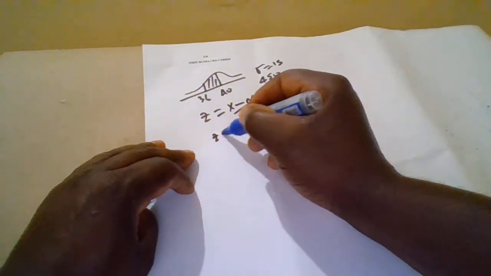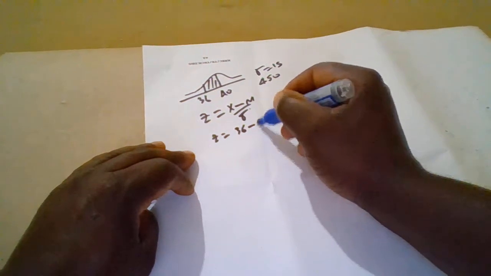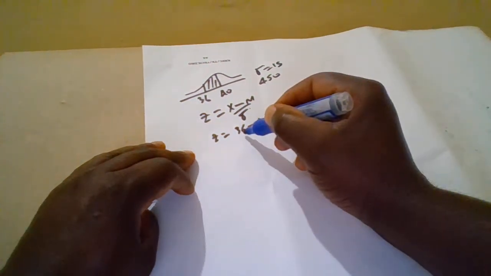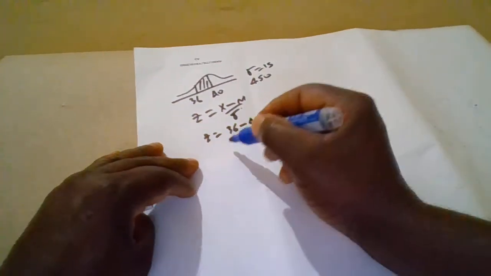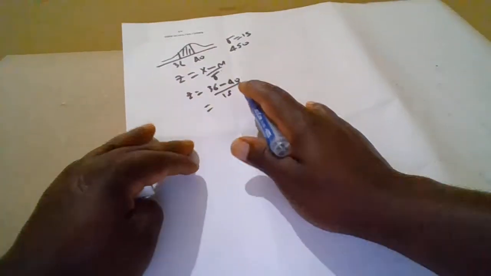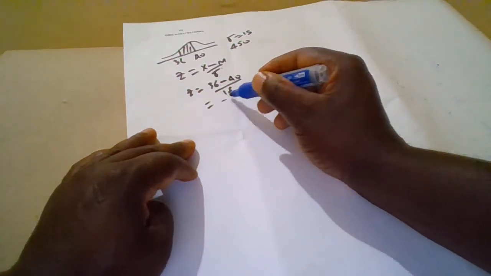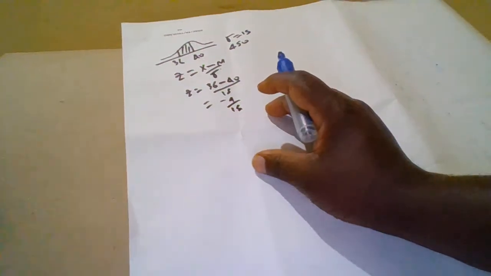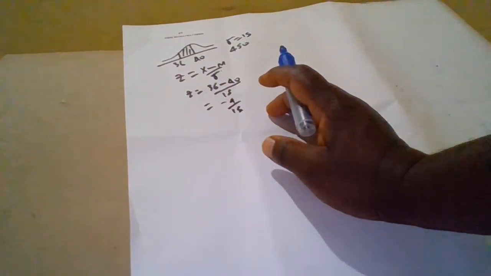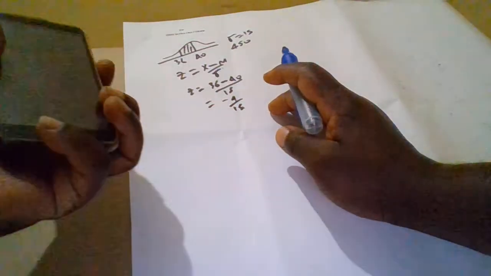Therefore, Z will be equal to 36 minus 40 over 15, which is the standard deviation. So this equals 36 minus 40, that is minus 4, all over 15.